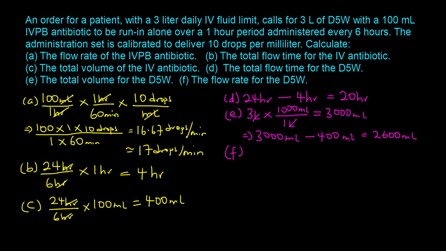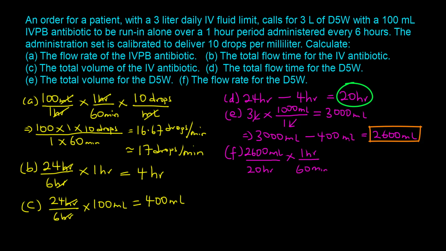So what that will look like is we have 2,600 milliliters divided by 20 hours. We convert the hours to minutes. In 1 hour, you have 60 minutes.